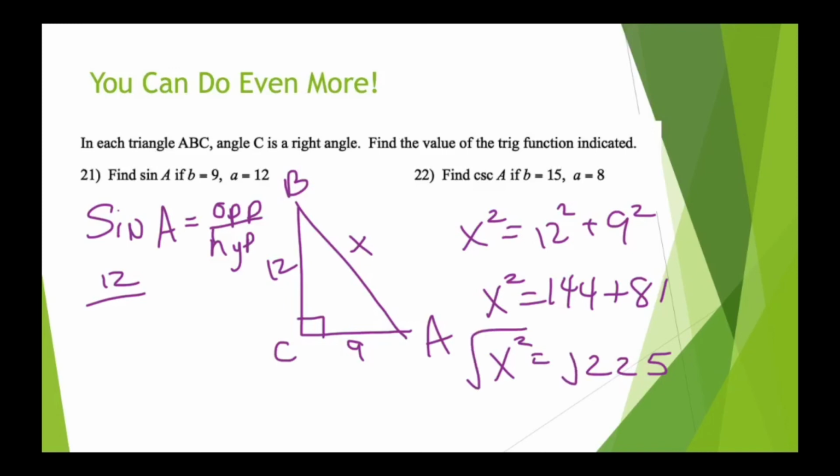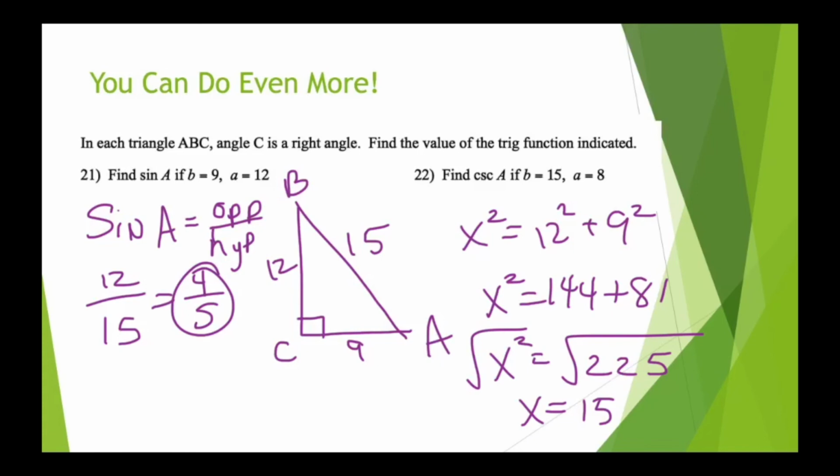Let's take the square root of both sides, and we get x equaling 15. So this x value here is 15, and that is our hypotenuse. We need to reduce this fraction. We can take a 3 out of both. 12 divided by 3 is 4, and 15 divided by 3 is 5.